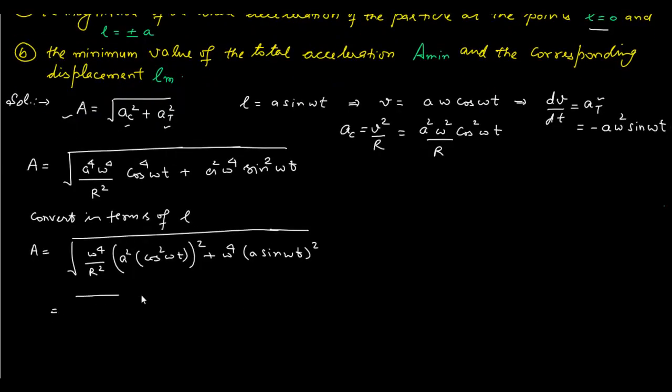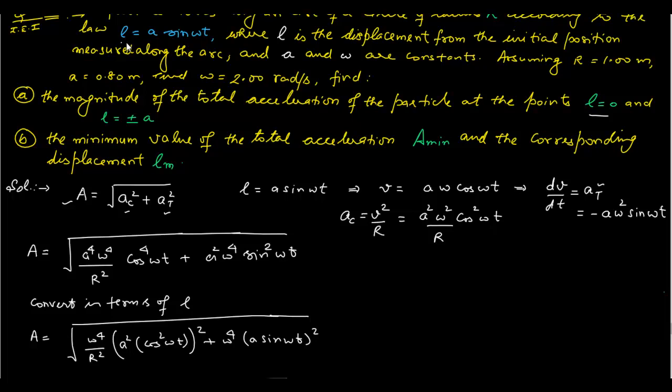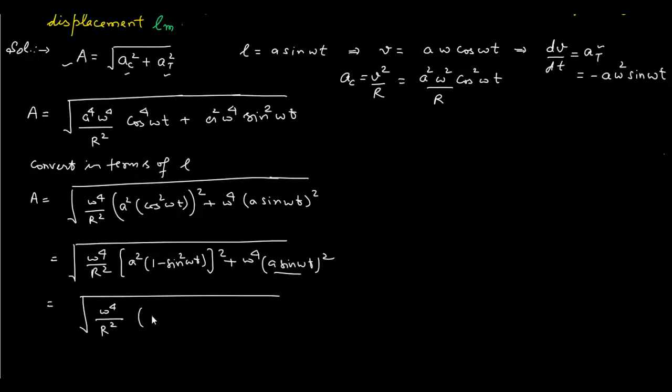Now I am again changing cos² ωt as (1 − sin² ωt), so we get the same expression plus ω⁴ (a sin ωt)². And we know that L = a sin ωt, so we change a sin ωt in terms of L. Finally, solving it, you will get ω⁴ divided by r² (a² − L²)² plus ω⁴ L². So we get the value of A.